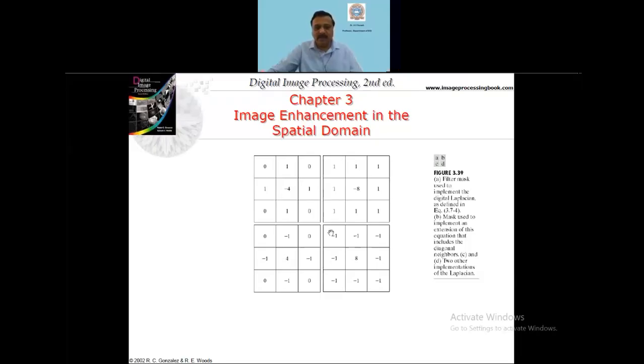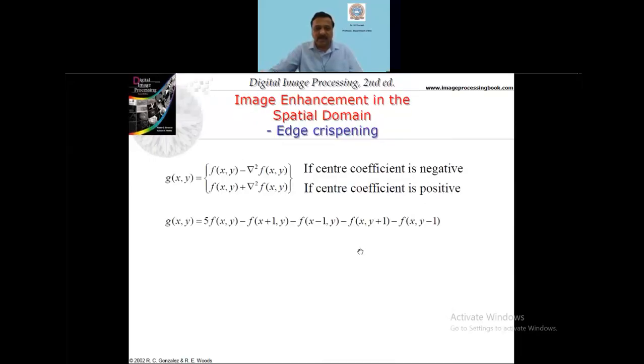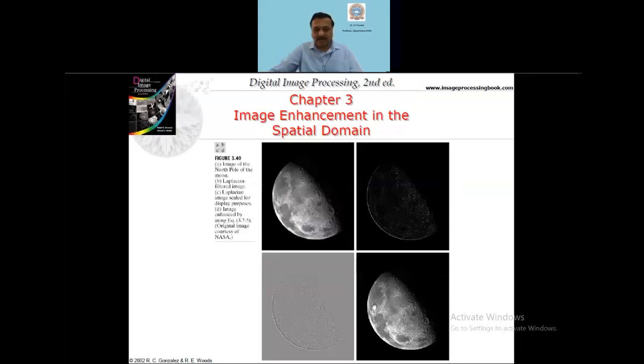This is called a Laplacian mask, and we applied it onto an image and saw the results. Then we saw how this could be helpful in improving or crispening the edges. If you just add the original to the Laplacian, we actually get an edge crispened image. You could see this result.